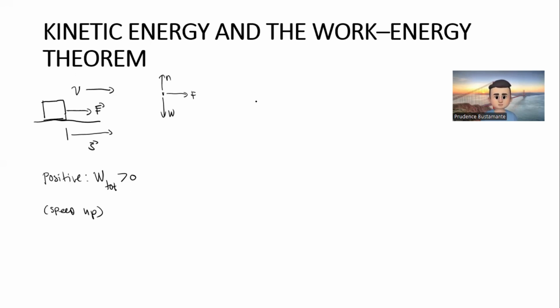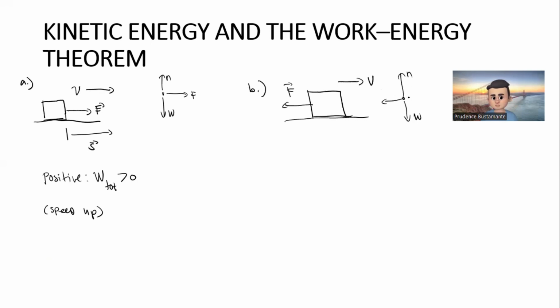However, say for example this is v, the motion in this direction, and you apply a force in the opposite direction. You look at the free body diagram: the normal force, this is the force, this is the positive x.